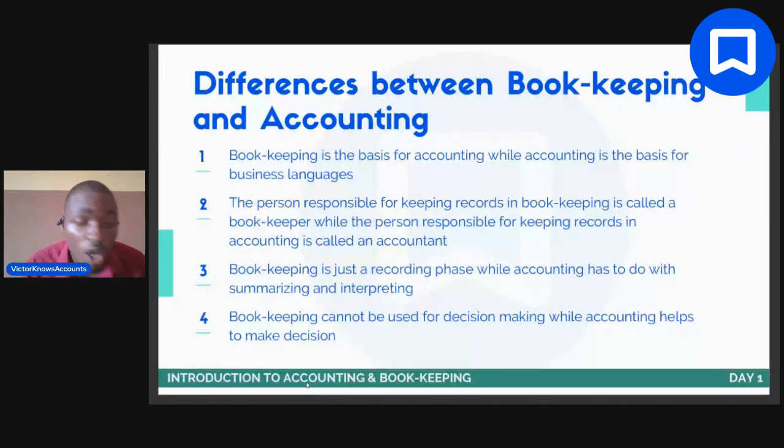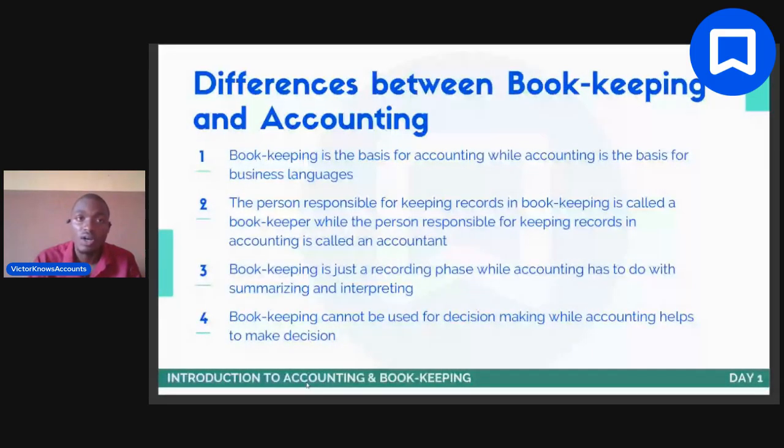But you can make decisions from accounting. When financial information is passed through the accounting process, it is summarized and interpreted, and then you are able to make informed, accurate decisions. Is that fine? All right.